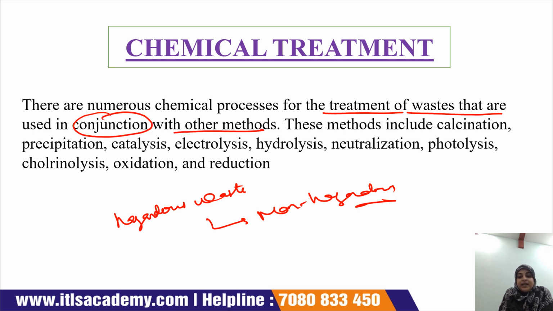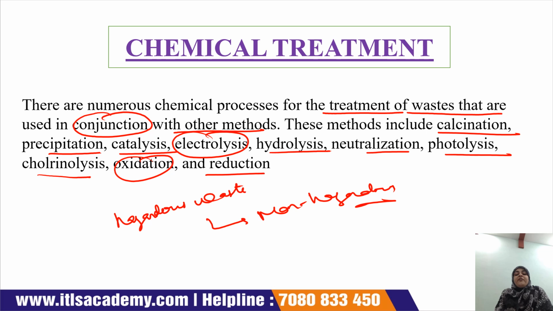These methods include calcination, precipitation, catalysis, electrolysis, hydrolysis, neutralization, photolysis, chlorinolysis, oxidation and reduction. These are the different chemical methods which are used for the conversion of hazardous waste into non-hazardous waste. Let's discuss one by one.